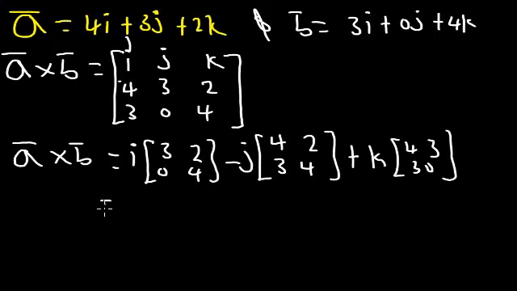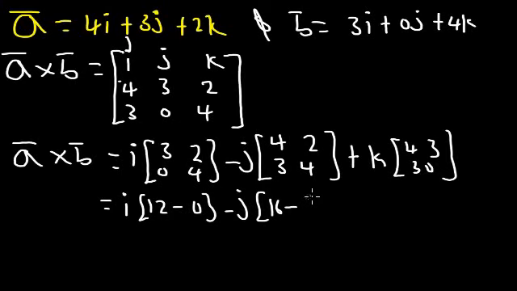Perfect. Now we can find the determinants. So that's going to be i in the bracket of 3 times 4. You multiply this, and you subtract the product of this from it. 3 times 4 is 12 minus 0, minus j in the bracket of 4 times 4 is 16 minus 6, then plus k in the bracket of 4 times 0 is 0 minus 9.